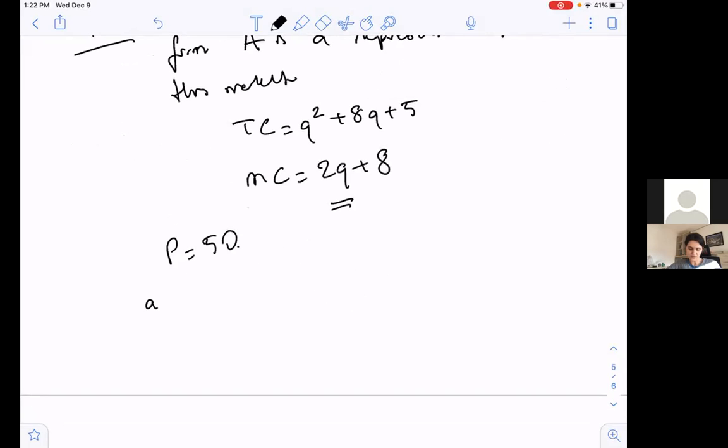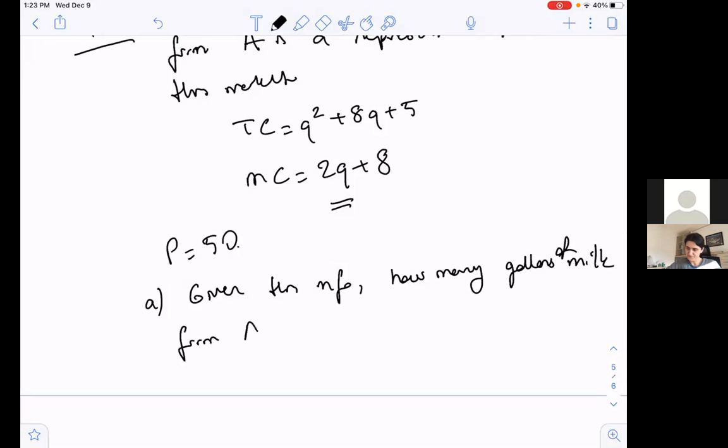So the first question is, given this info, how many gallons of milk does firm A produce in the short run?